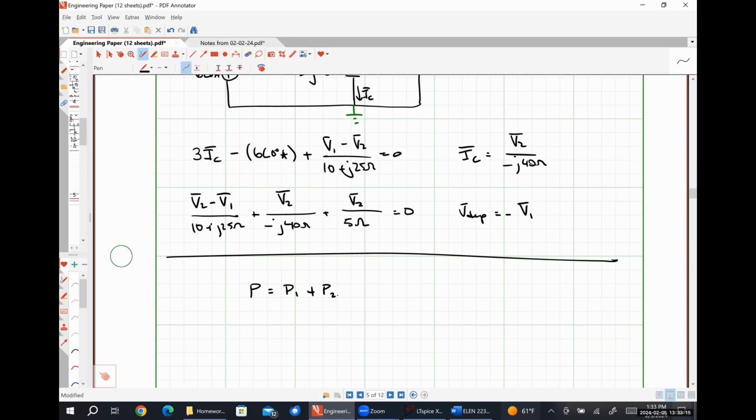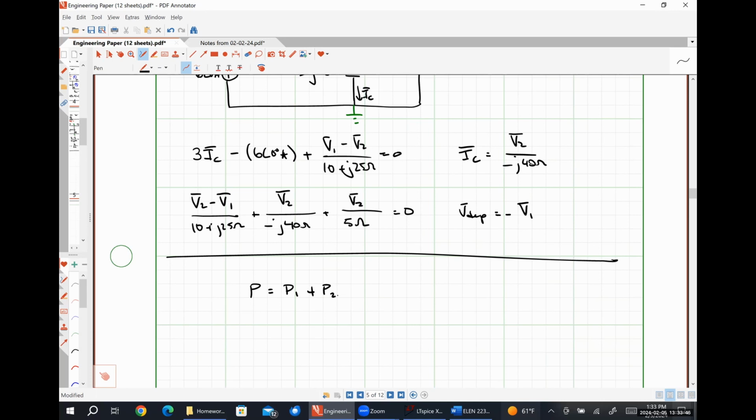Now, I do want to make a point here. Generally speaking, superposition isn't great for calculating powers. However, in an AC system, it's an okay way to calculate the average power because all of the average values of the cross-frequency terms wind up going away when you integrate over an integer number of periods, which is something that I showed you when we were looking at instantaneous power in multi-frequency circuits.